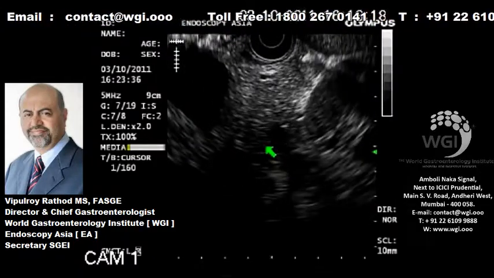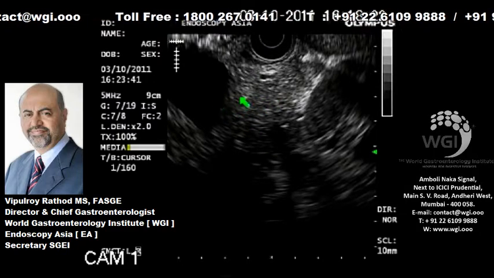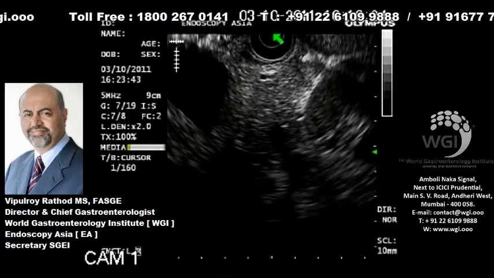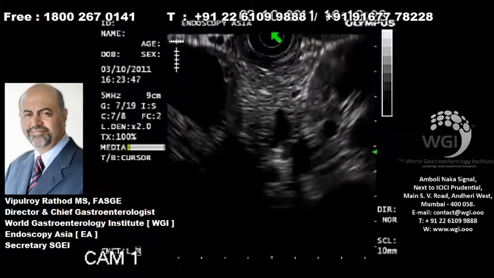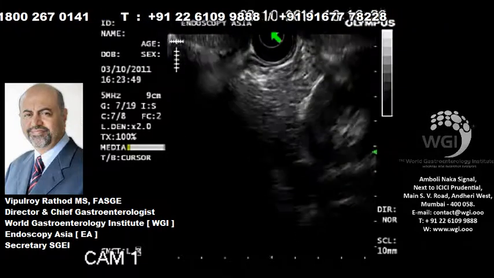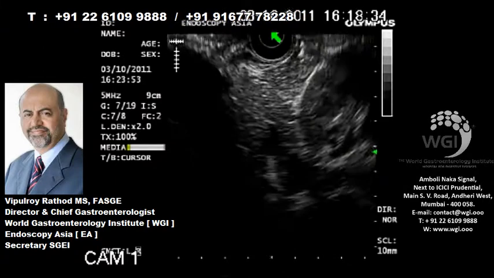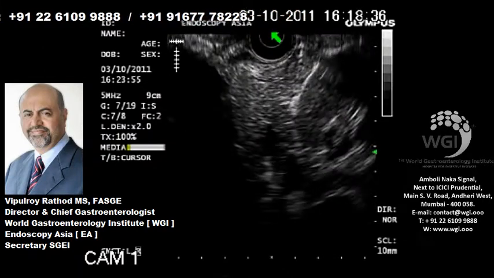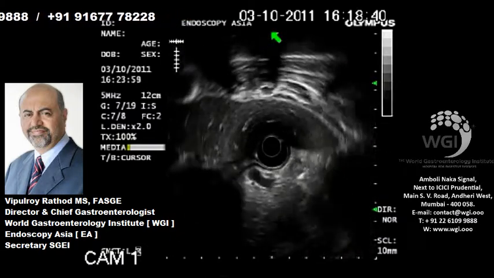And you can see here that the pancreatic parenchyma and the lesion are congruent. So there is a very strong possibility that this could be a solid cystic neoplasm of pancreas affecting the genu onwards, the entire body and tail completely replaced.